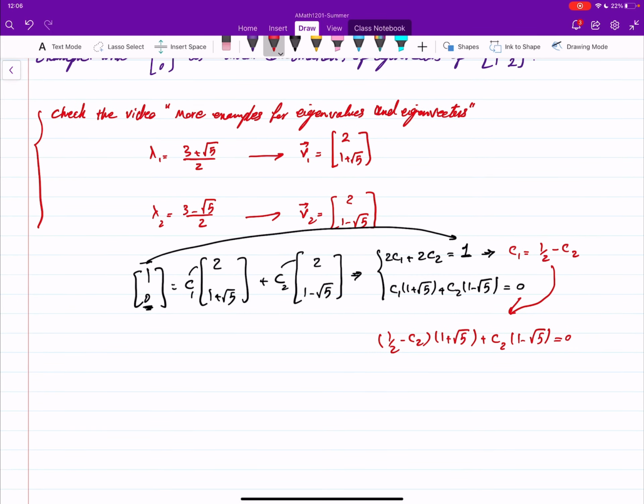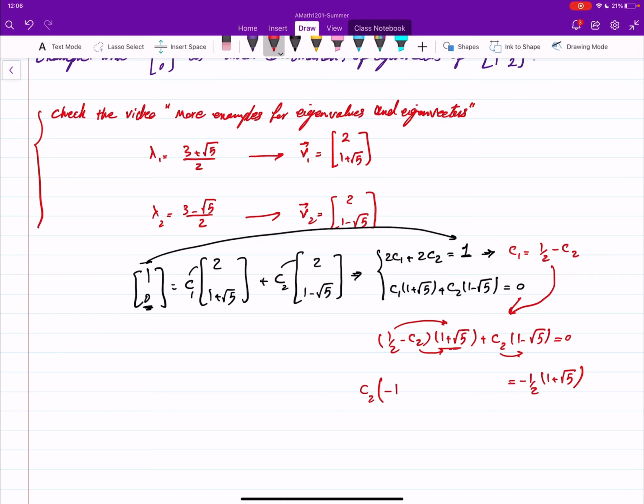So let's just multiply this inside, expand this. What do we get here? Okay, so first gather all the C2s and put the constant on the other side. There will be only one constant, when you multiply half to 1 plus root 5. The other parts will all be multiples of C2.